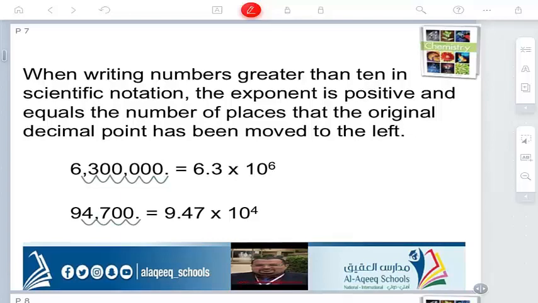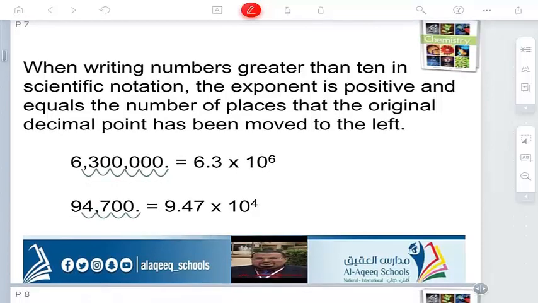I think you know that in math. When you write a number like 6300000, you have to imagine the decimal. If it is a whole number like 6913, where is the decimal here? If you have a whole number like this, imagine the decimal here, because you don't have anything after the decimal.